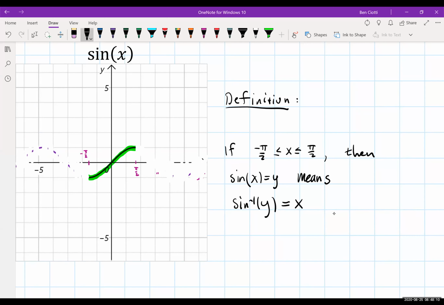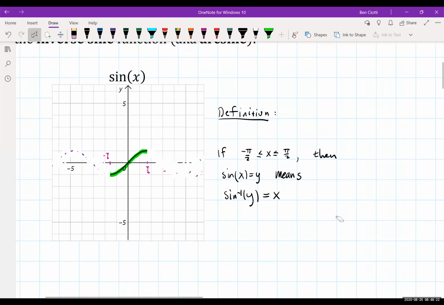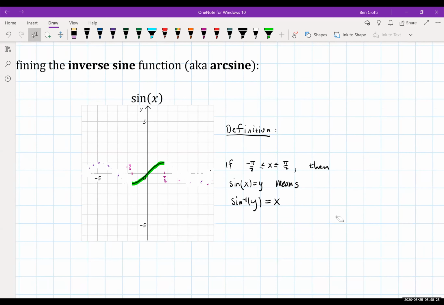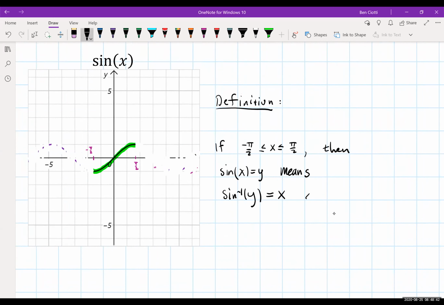And there's your inverse sine function. In other words, there's another name for the inverse sine function, by the way. For historical reasons, we also call the inverse sine function the arc sine function, also known as arc sine of y is equal to x.